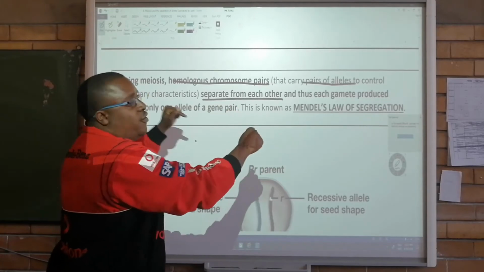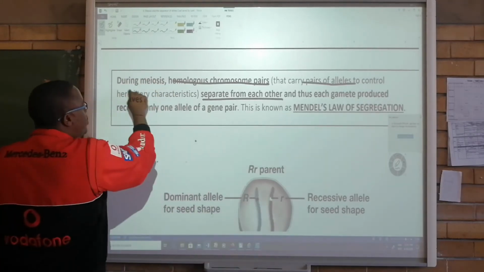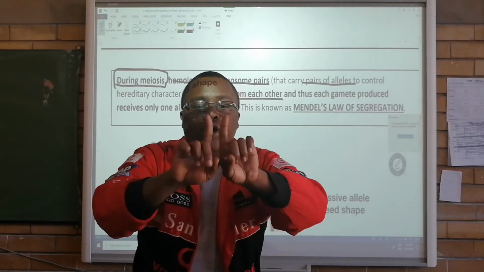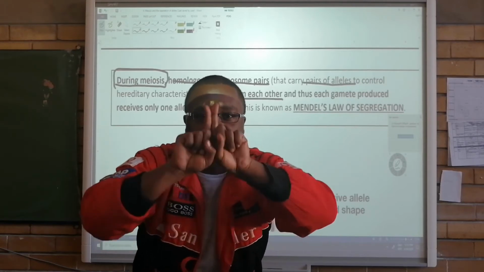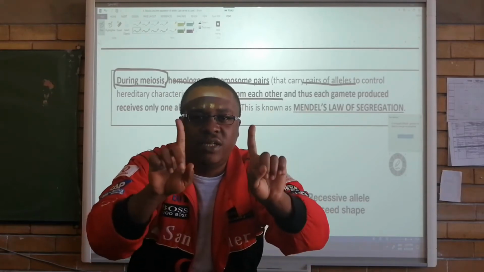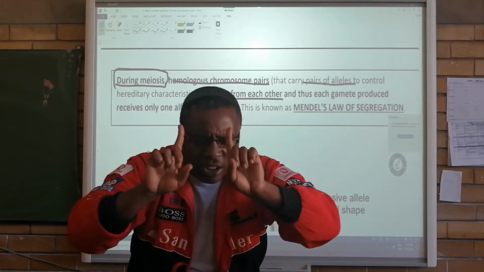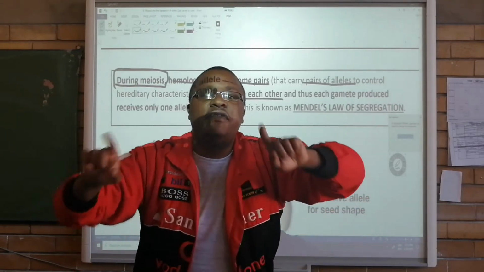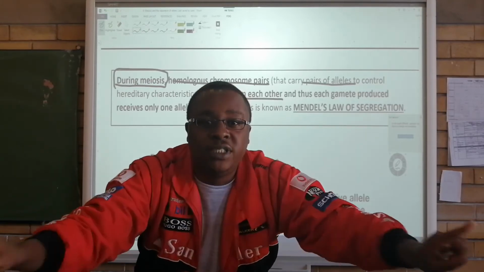And because of this separation of homologous chromosome pairs, we're talking about what? We're talking about meiosis. That should be term 1. Because they are separating, the homologous chromosome pairs are separated during meiosis. And on each chromosome, we have alleles that control particular hereditary characteristics. So if the two chromosomes of one homologous chromosome pair are separating, it means that even the alleles that are carrying the gene pair for a particular characteristic are going to separate.